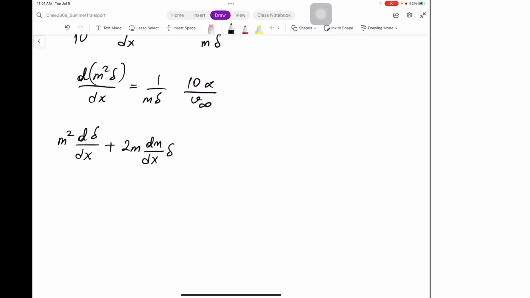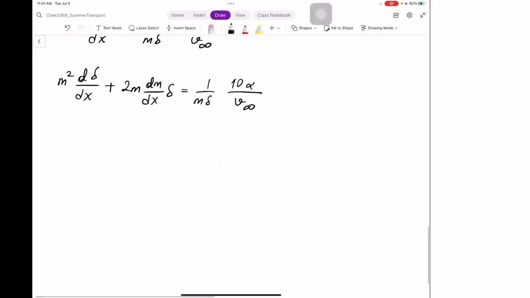So we are applying the product rule. We take the derivative of this times this, plus this times the derivative of this. Is equal to 1 over m delta 10 alpha over V infinity, and then you multiply both sides by m delta.